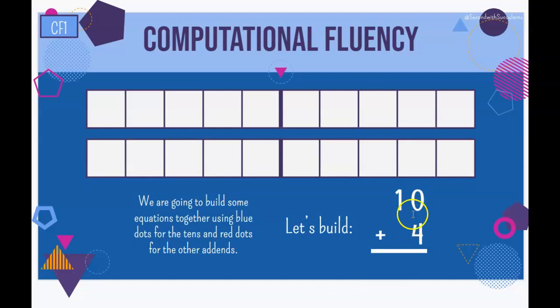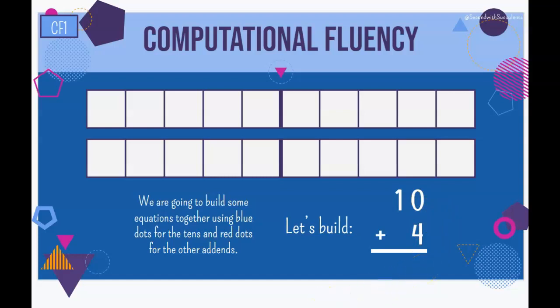Our example here is 10 plus 4. Now we're going to build these equations using some blue dots to represent our tens and some red dots to represent our other addend. Remember, the addends are the two numbers added together to create the sum.